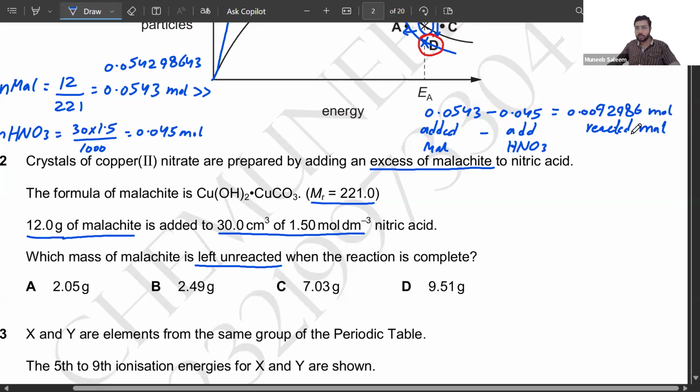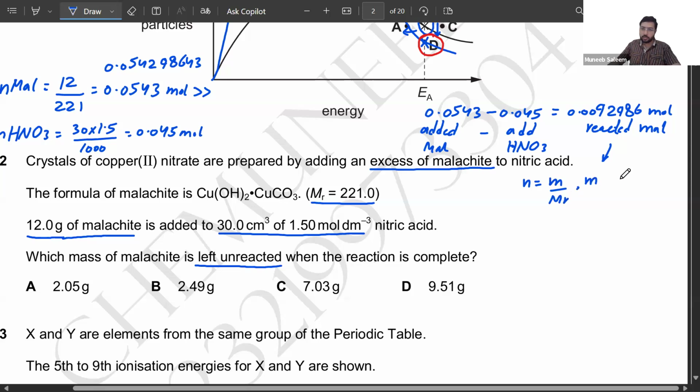Now this is the mole of the reacted amount of the malachite, or you can say it is the reacted value of malachite, because we do not actually know the chemical equation, and without that we will simply use this value. Okay, now you have to convert this mole into the mass using this formula.